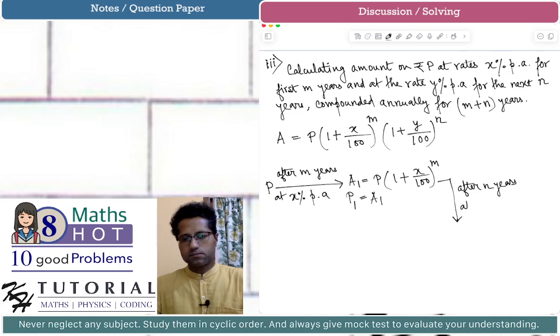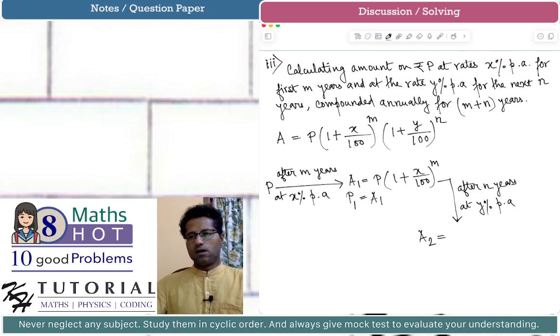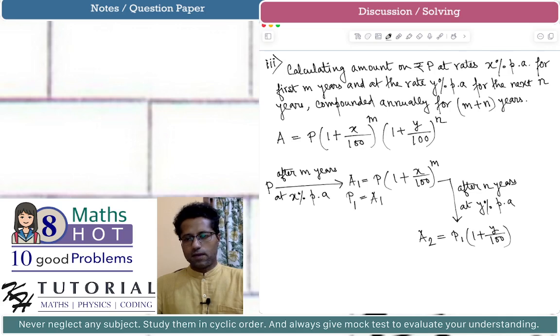Now we will compute what will be the amount after n years where the interest is being compounded annually at the rate Y% per annum. This will be A2, which will be equal to the current principal, that is the principal at which it is starting, which is P1. So P1 multiplied by 1 plus Y by 100 to the power n.